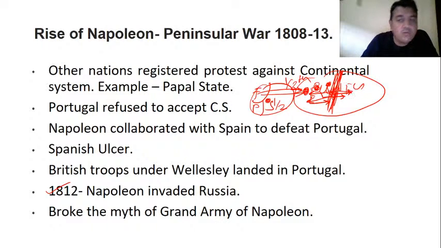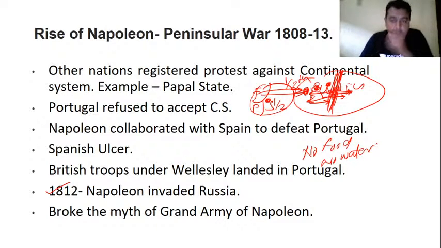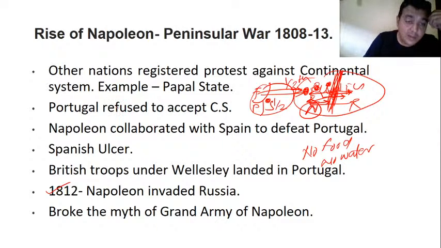They cannot move forward because winter is there, and because of the scorched earth policy, no food, no water. And in this situation, the Russian army attacked the Napoleonic army, and because of that, Napoleon ran away from Russia with a handful of soldiers.